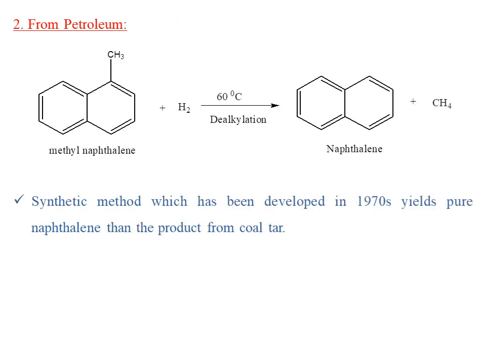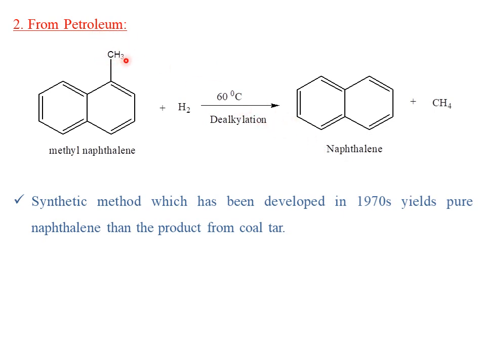Next one is from petroleum fractions. In the petroleum fractions, we take alpha methyl naphthalene and subject it to hydrogenation, nothing but addition of hydrogens, and by adding hydrogens we can remove an alkyl group. That's why this process is named dealkylation, at 60 degrees centigrade.